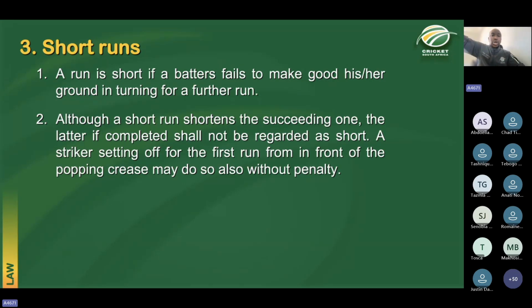So when he plays a shot, law tells us here that he doesn't have to go back into his crease to start his run. He can start running from where he's hit the ball, 1 or 2 feet outside of the popping crease. And as long as he makes his ground at the bowler's end, that will be a completed single.